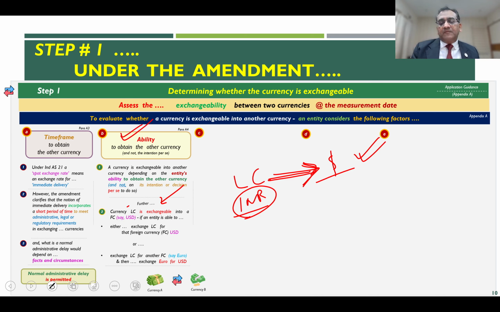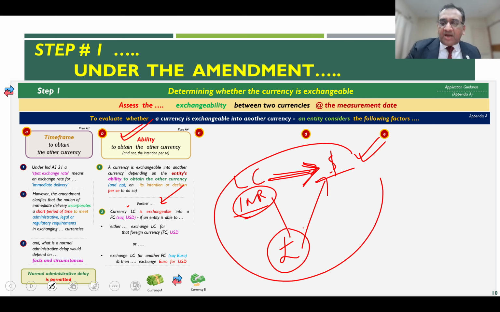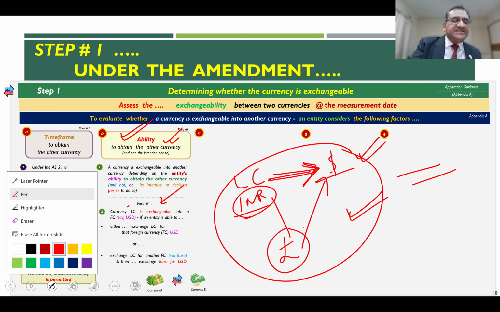It simply means, let's say, directly you can't convert INR to dollar, but you can convert INR into, let's say, pound, and then you can convert pound into dollar. So this is like a cross rate or the indirect conversion. If you are able to convert the currency into another, either directly or indirectly, this ability test is met.